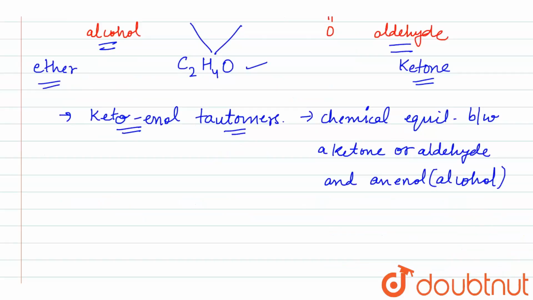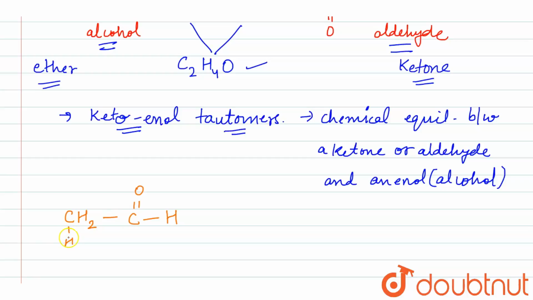Now, if we draw the structure of this aldehyde, CH3 we can write as CH2 with H here, and C=O and H. If there is a carbonyl group of either a ketone or an aldehyde, the alpha carbon present here is this, and the alpha hydrogen, the proton present here, is this, right?